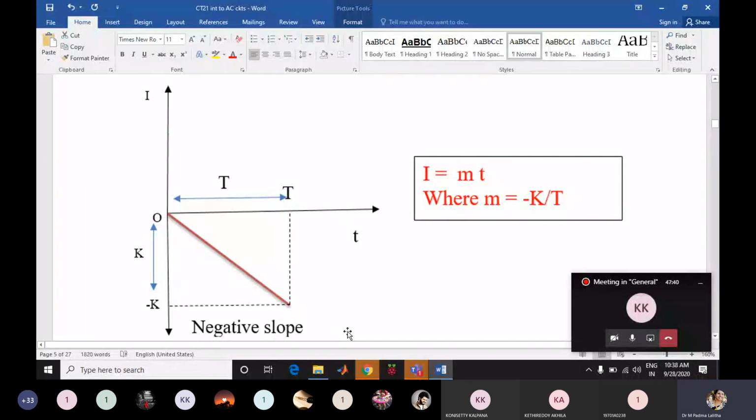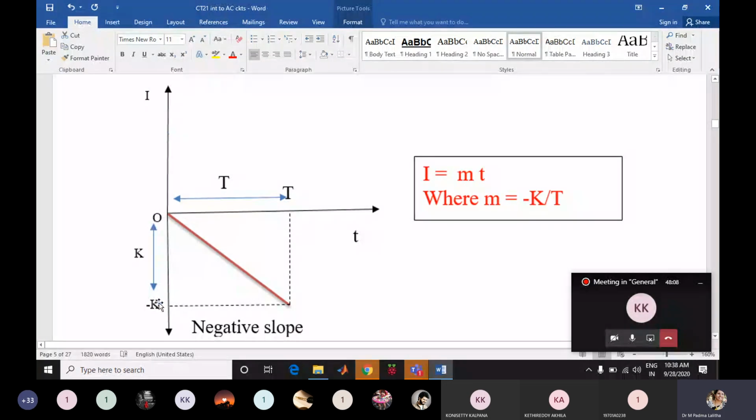This slope is negative, that means as the time increases, the value of the function decreases. That is known as the negative slope. What is the expression? Whenever a line is passing through the origin, the expression is y is equal to mx. But here the x-axis is t, so it is mt. What is the slope m?